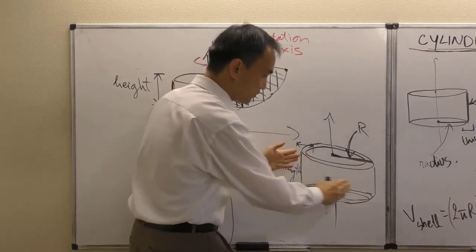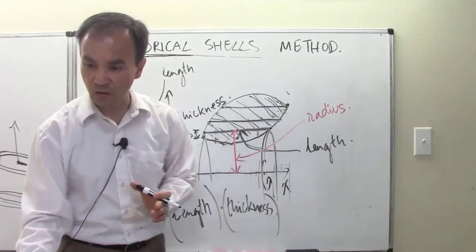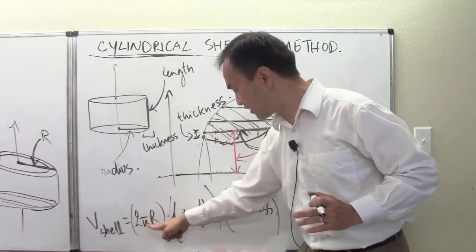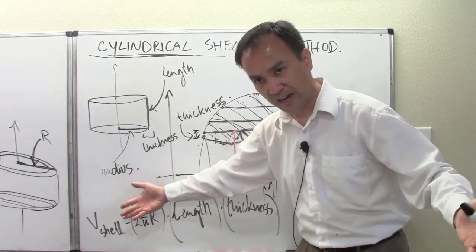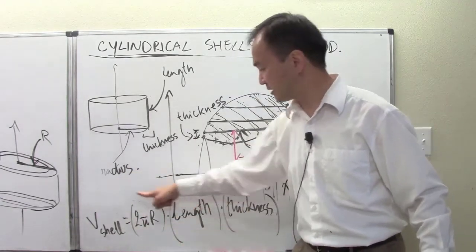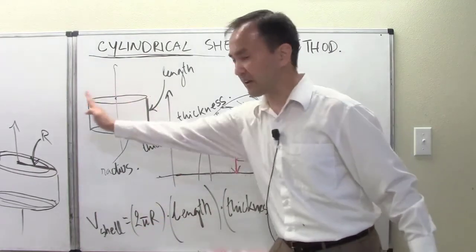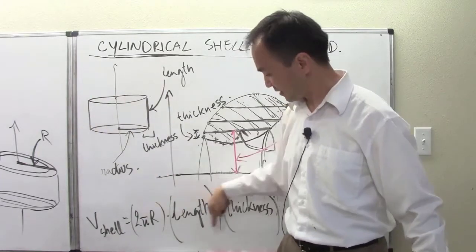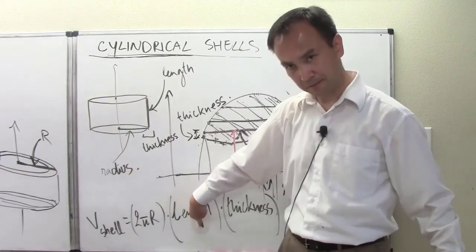Think about high school geometry: only this part right here, where we have circumference multiplying with length, gives us what in high school geometry we call the surface area, or the lateral area, the amount of area wrapping around only on the side like that. Lateral area is circumference multiplied with the length.